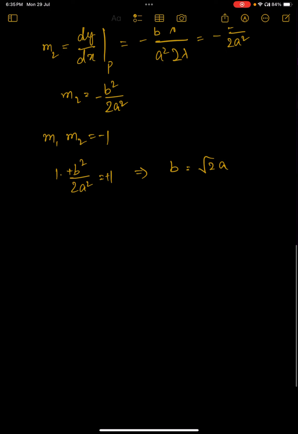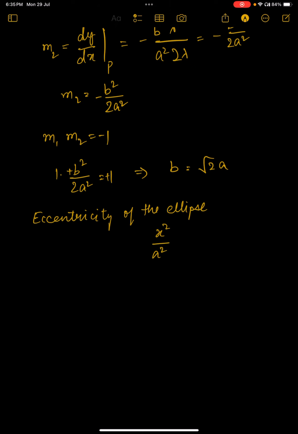Now, a very easy and very popular formula is the eccentricity of the ellipse, and the equation given to us is x squared by a squared plus y squared by b squared is equal to 1.